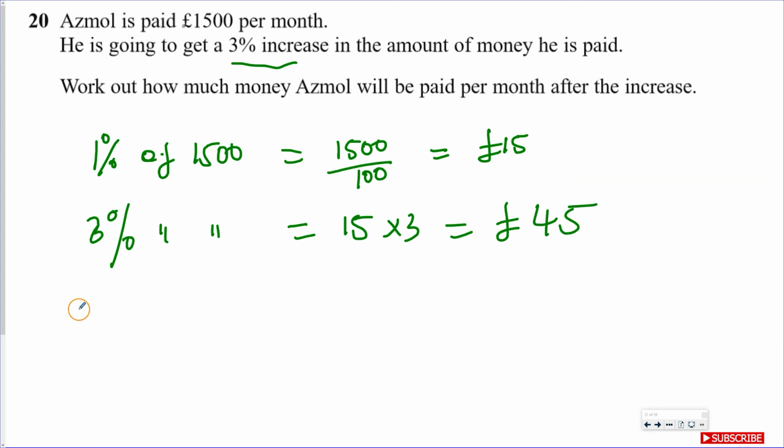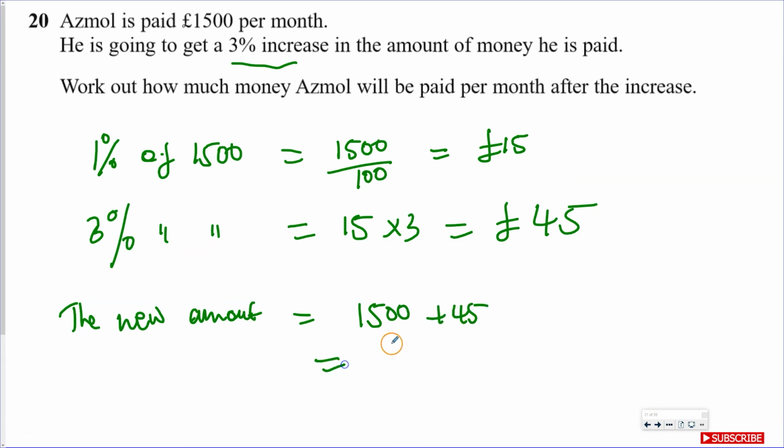So now the new amount that he's going to get paid is equal to 1,500 plus 45, which is equal to £1,545. So that is that.